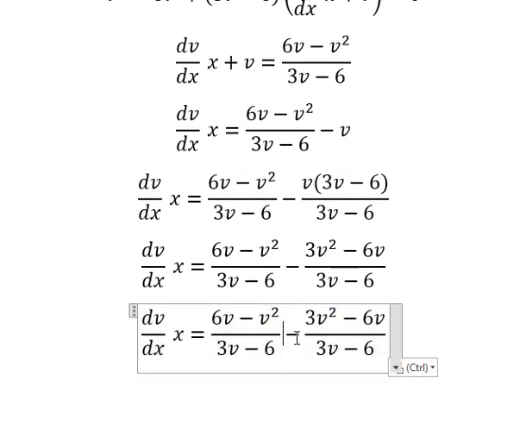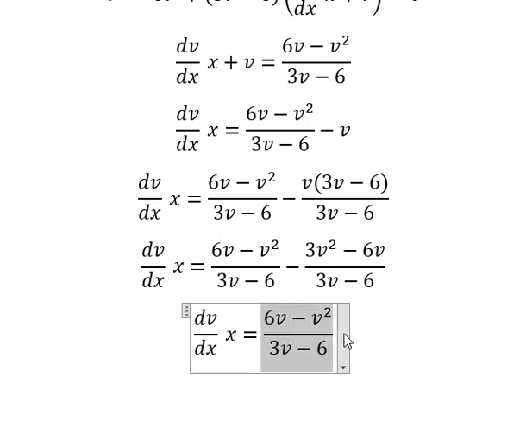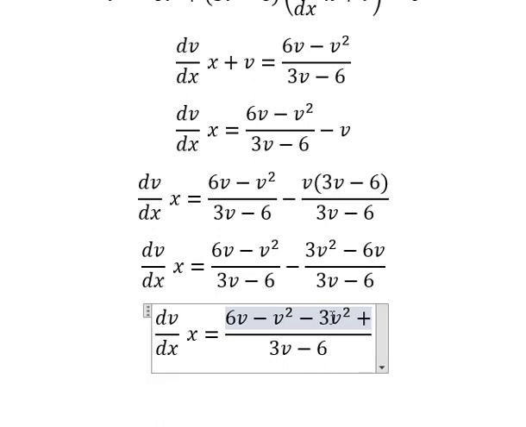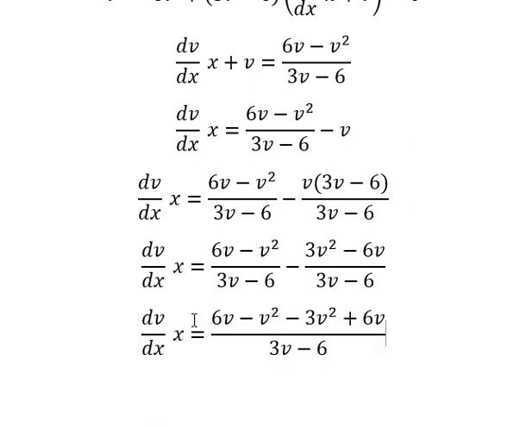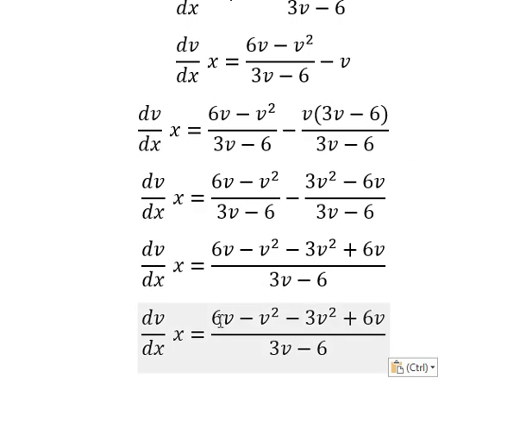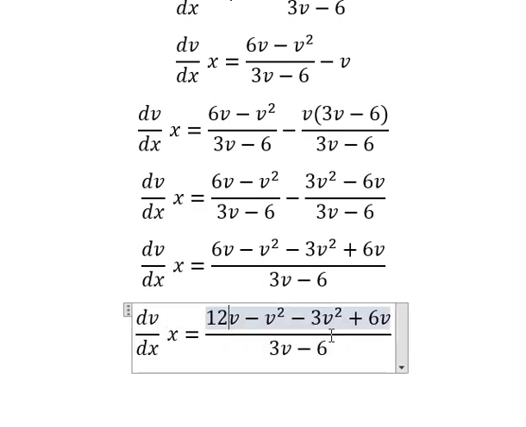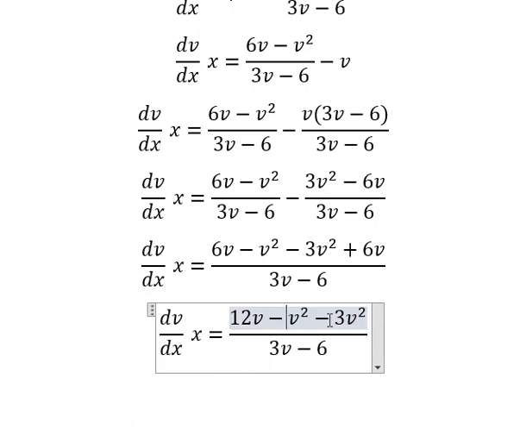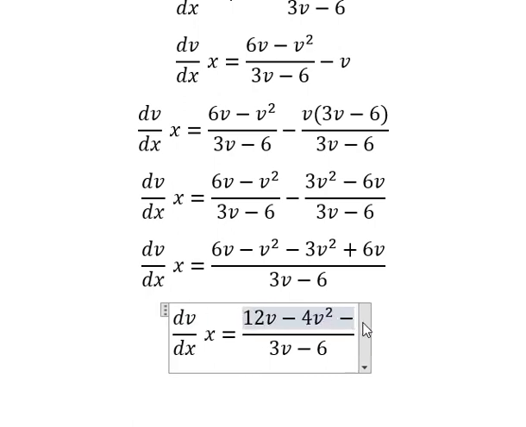So negative will change the sign of this one, and that should be like this. So 6v, we have 12v. This one we have negative 4v squared.